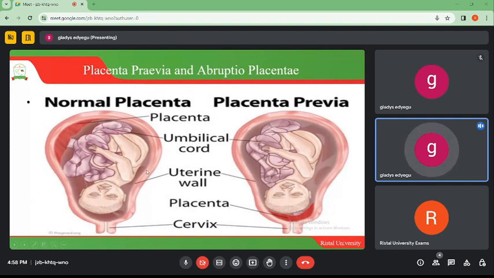These are the uterine walls surrounding the baby, and we have the cervix over here. This is the head of the baby, which is the one that is presenting. The placenta is supposed to be located at the upper segment of the uterus. When it is located at the lower segment, then we call it placenta previa.